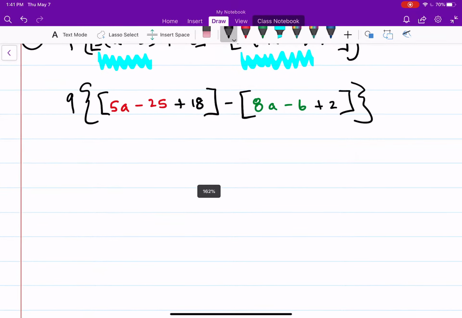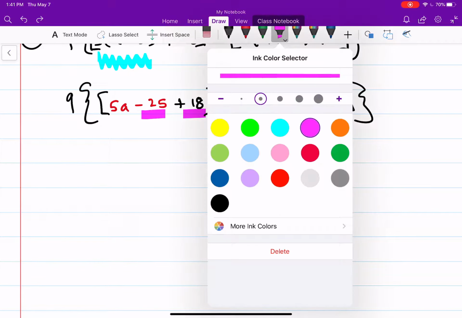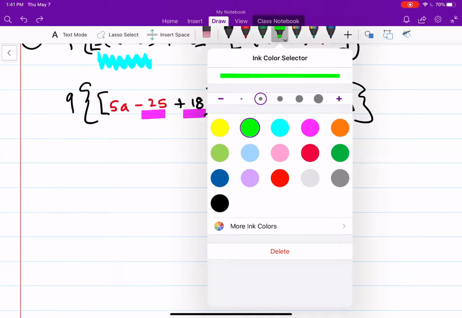Now, if I look in here, I can add or subtract from left to right. Since the 5a is in there and the 8a is in there, I need like terms in order for them to add together. I can see that these two are like terms and these two are like terms, but not together. So let me change to a different color, let's do green.